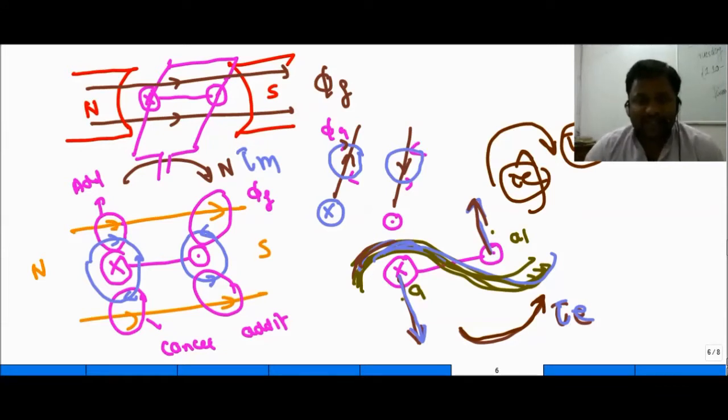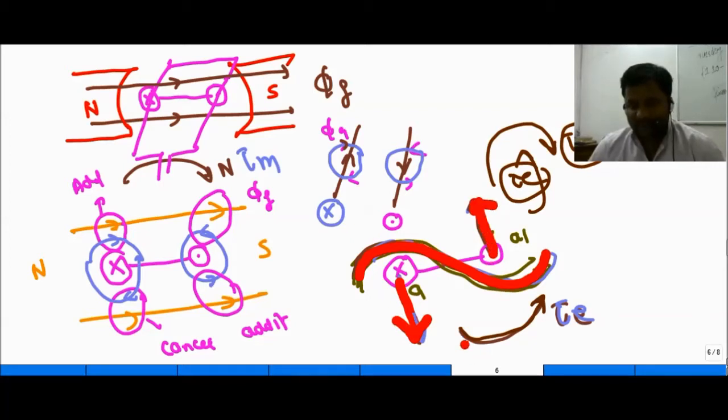These two fluxes, the field flux and the armature flux, interact with each other and combine, and it behaves like a rubber band which tries to give a force on the conductor A in this direction and A dash in this direction. As a result, an electromagnetic torque is generated in this coil.